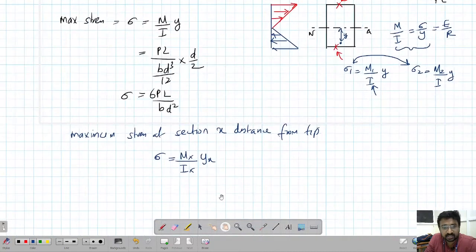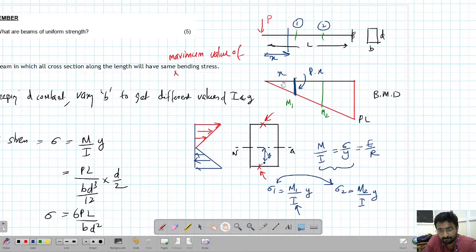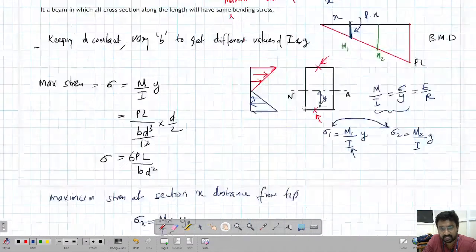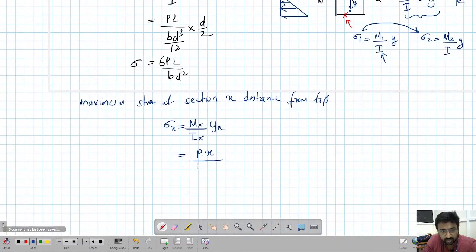We'll call this sigma max, sigma x. Maximum stress at section x. So what is Mx? Mx is nothing but P into x. What is Ix? Basically what we are trying to do is, the depth of the beam is the same, the width we will change. So width I will call Bx. Bd cubed by 12 is the cross section, so Bx into d cubed by 12, and y also will be d by 2.